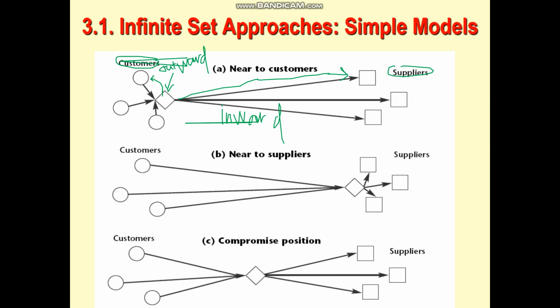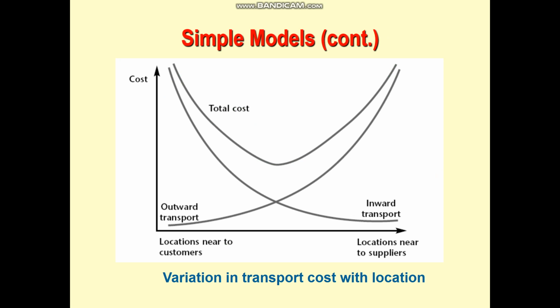How if we locate our distribution center near the suppliers? Then the inward cost decreases. However, the outward cost increases. So the question is how we can compromise the position so that we can minimize the total cost. So here we will look at this graph, this figure. We also can see if we locate nearest to the customer, the outward transport cost will increase.